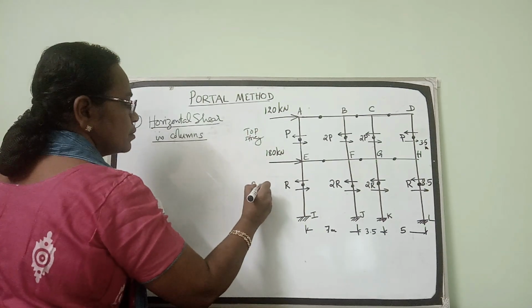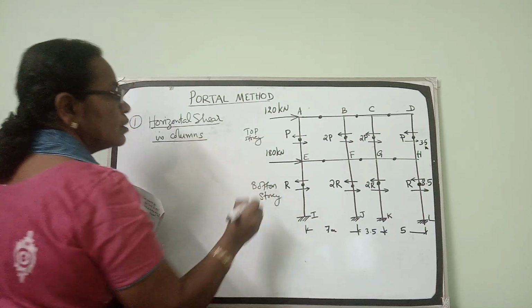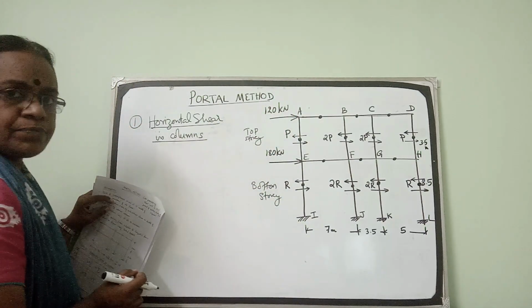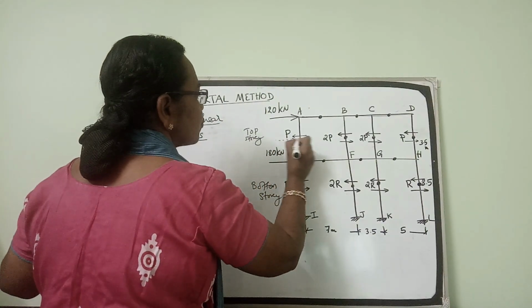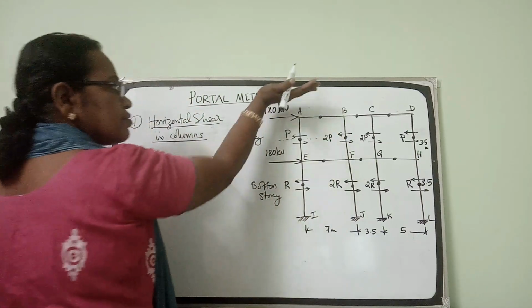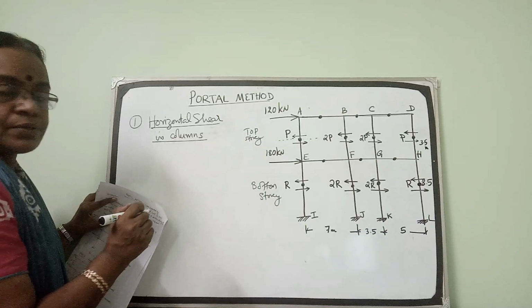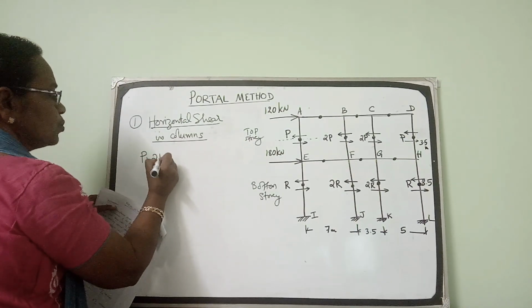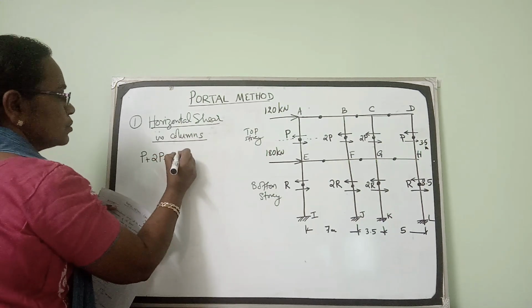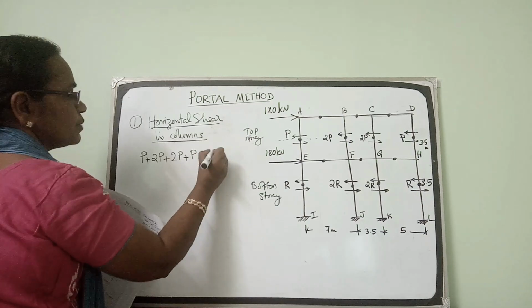This is called the bottom story. Consider the top story columns. Consider a section passing through the points of contraflexure and consider the forces above that line. Sigma H is equal to 0. So we will get P plus 2P plus 2P plus P is equal to 120.